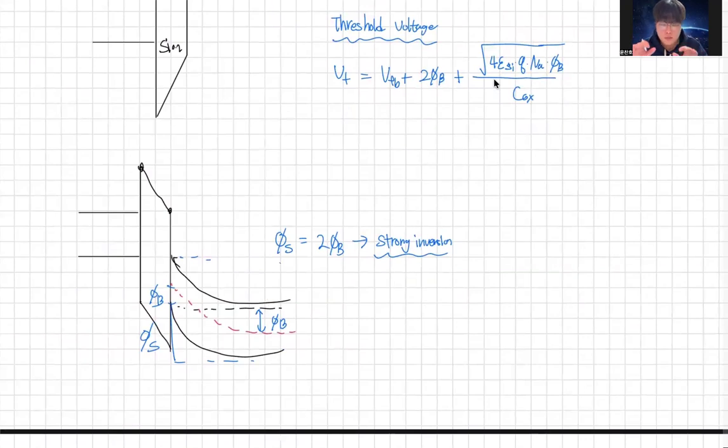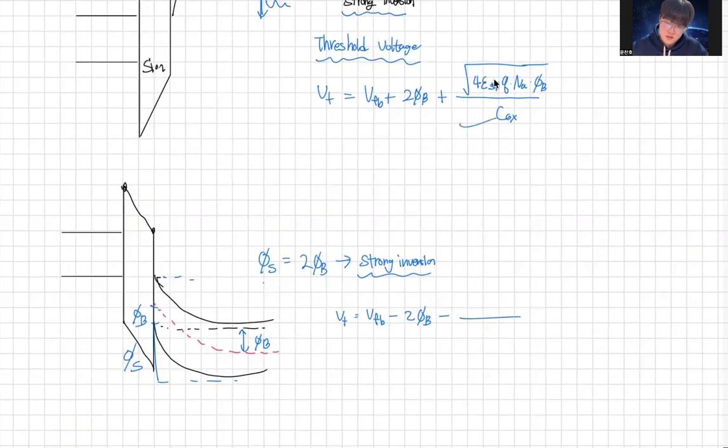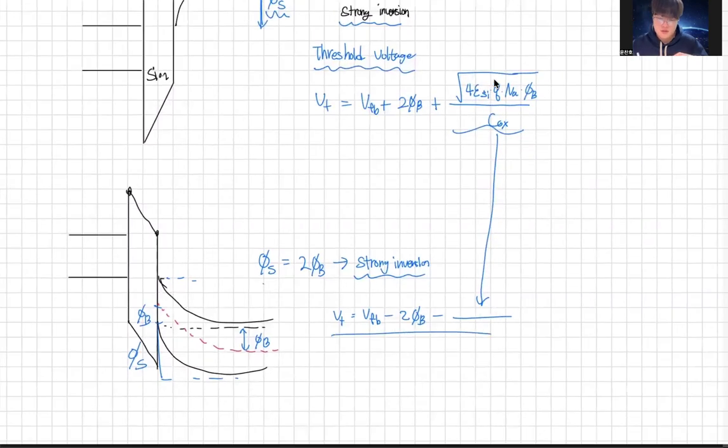And in PMOS, the threshold voltage calculation is the flat band voltage minus 2 phi b and minus this term. This is the threshold voltage in PMOS.